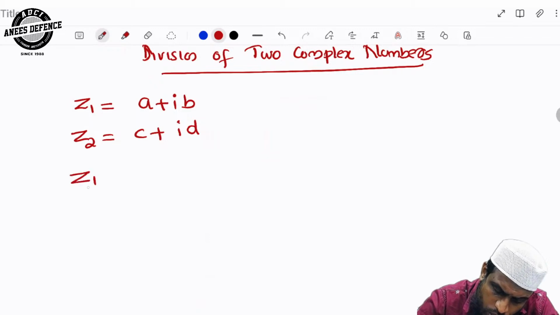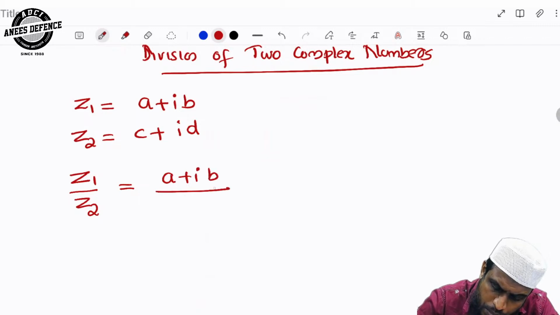So you have to calculate Z1 by Z2, that is (A plus iB) by (C plus iD).